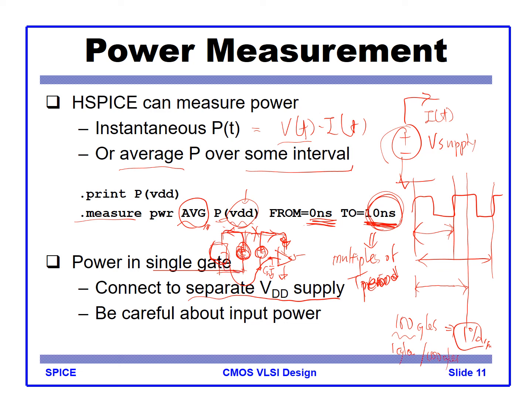That should also be counted when you calculate the overall power consumption. If you only monitor the supply of this gate, then you don't account for the input power. The input power is a considerable amount of power consumption, so you have to take that into account when you optimize the overall power consumption.